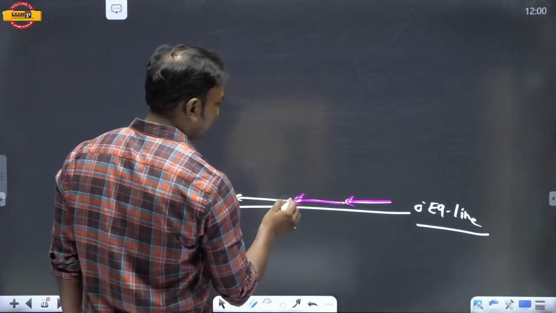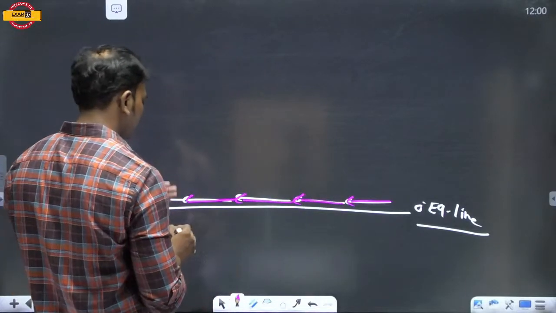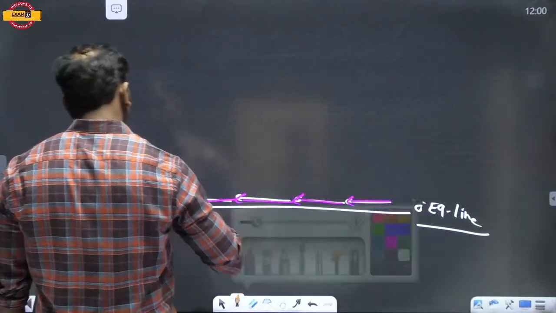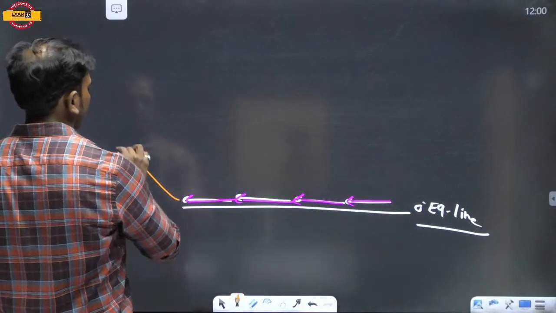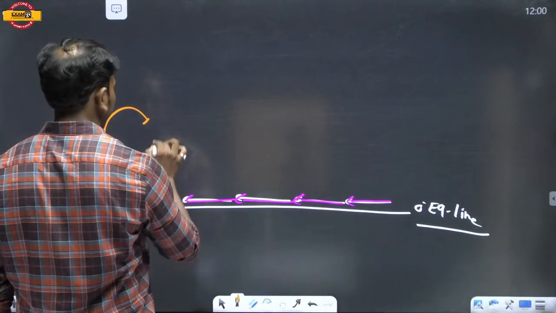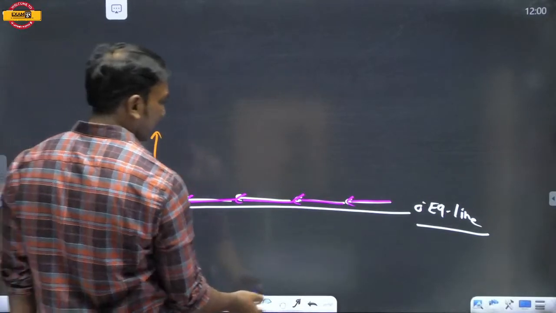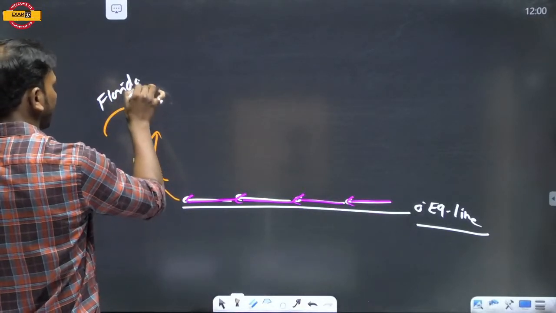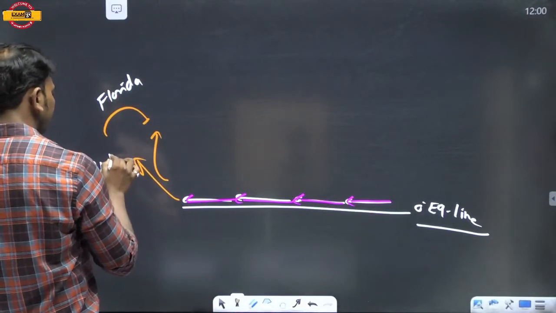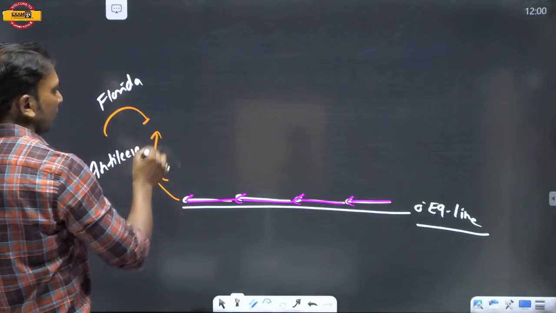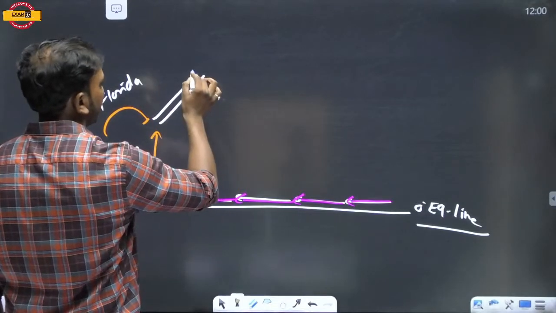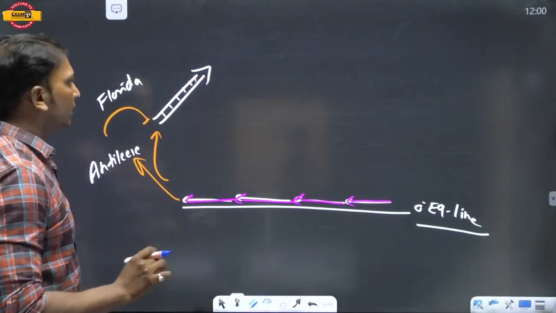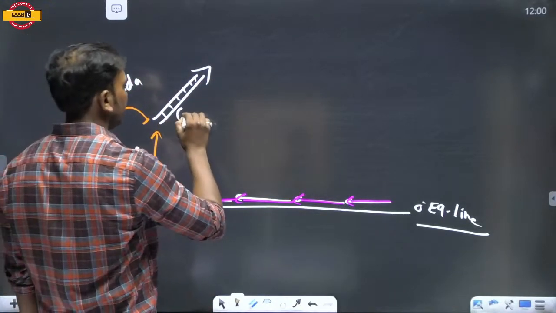Then it moves to the Antilles, and here it is the Florida. Now you see the Florida, and here it is the Antilles. Then both of these currents make the Gulf Stream. So here it is the Gulf Stream.